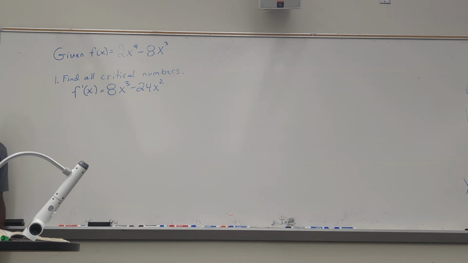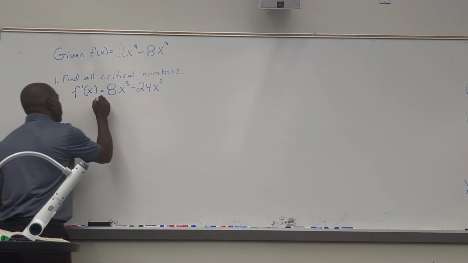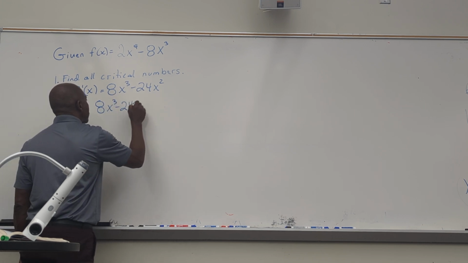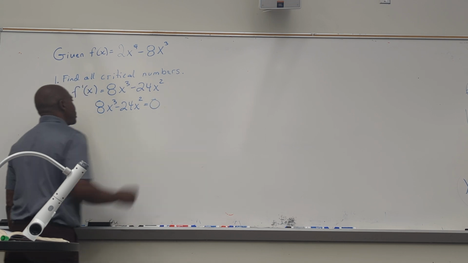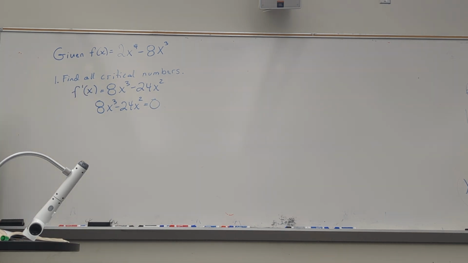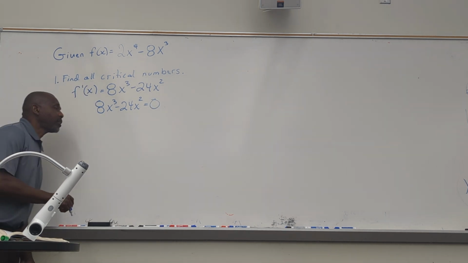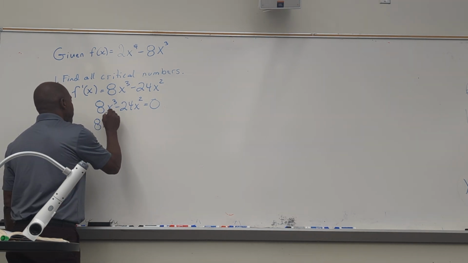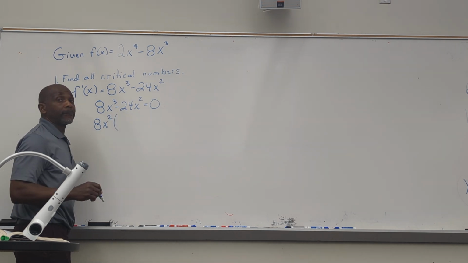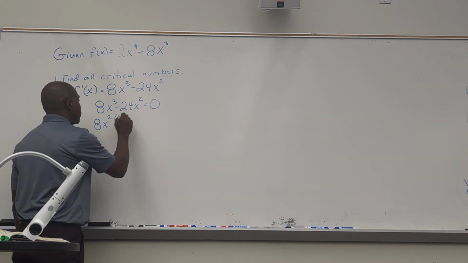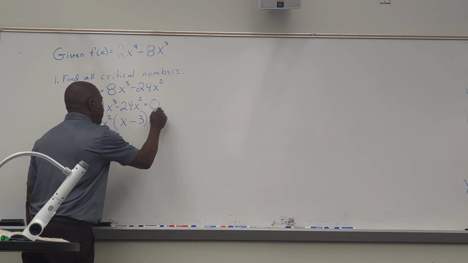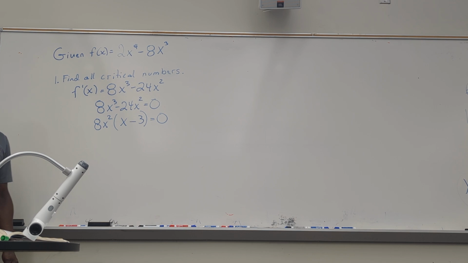Set it equal to 0. Factor it: factor out 8x squared, times x minus 3. All right, now what? Set them both equal to 0.